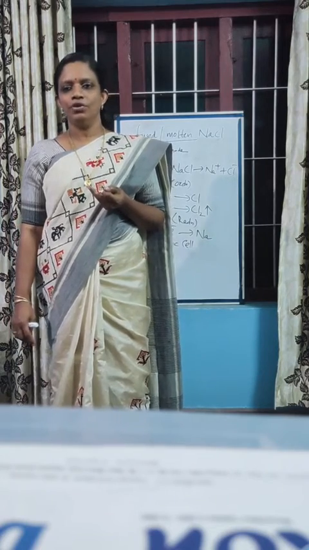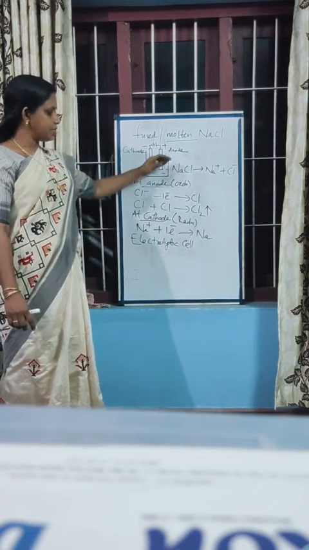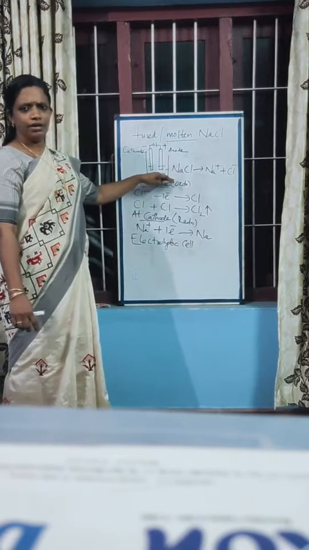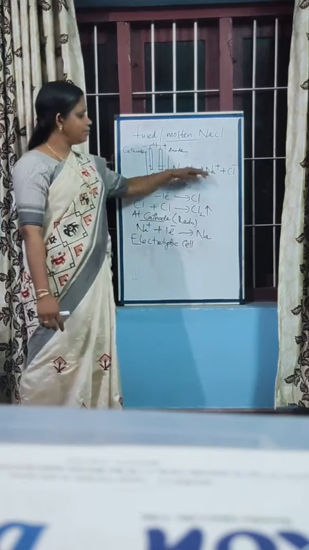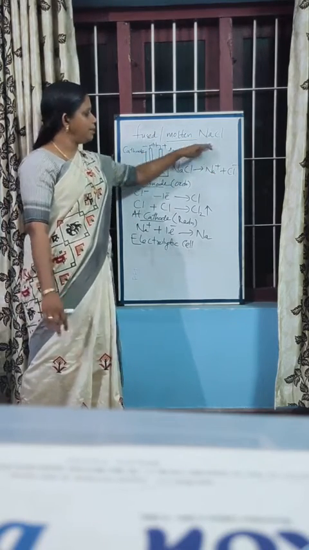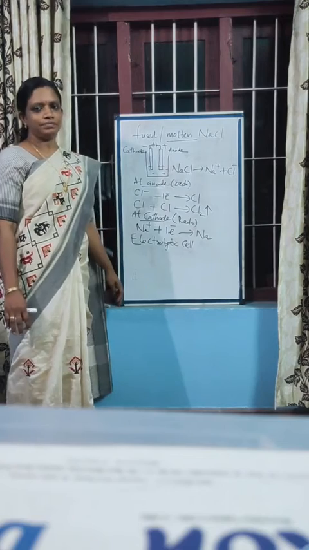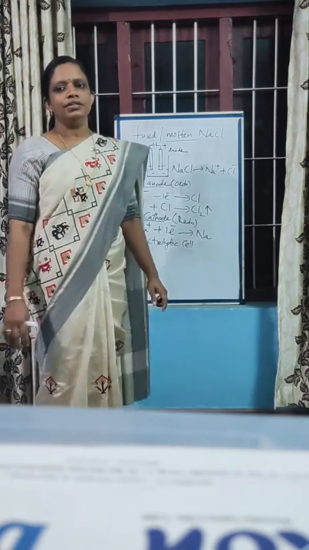How did you all understand the topic? Three or four equations are there. It's very simple compared to the next topic. In the decomposition of molten sodium chloride, no other ions are there, only Na+ and Cl-. Any doubt?